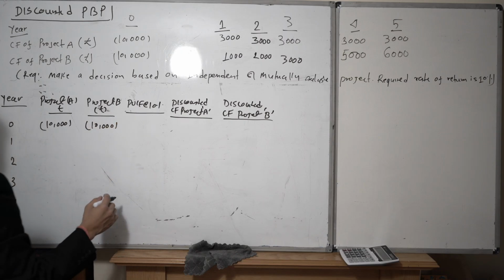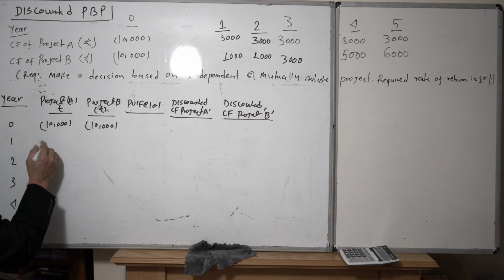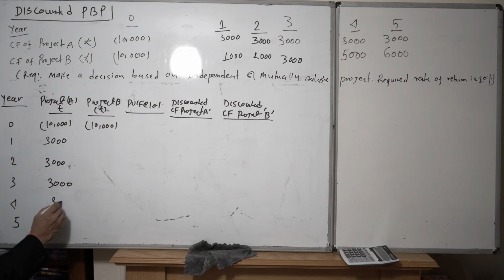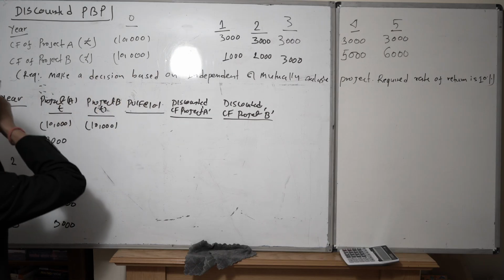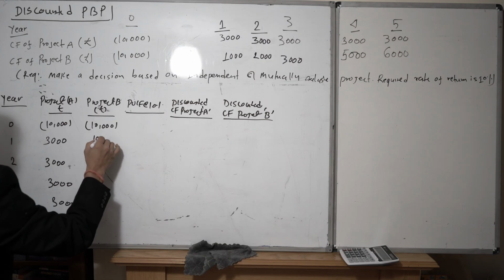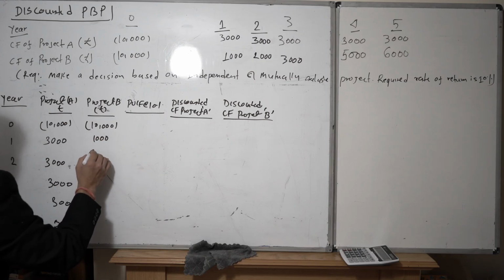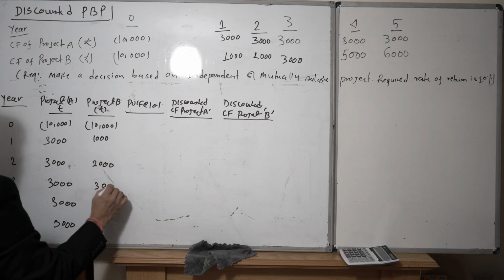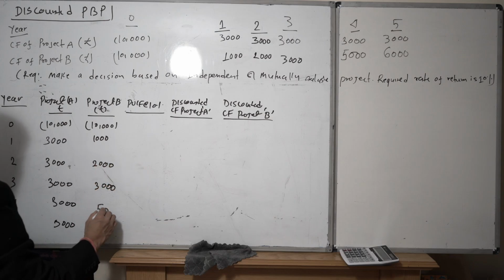For project A, the cash flow is equally distributed, that means 3,000 for the rest of the years. For project B, the cash flow is uneven. In the first year it is 1,000, second year 2,000, third year 3,000, fourth year 5,000, and fifth year 6,000.